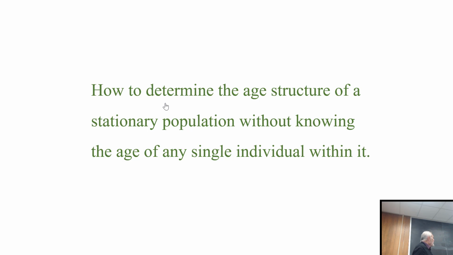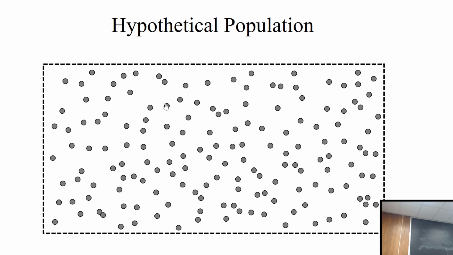So how do you determine the age structure of a stationary population without knowing the age of a single individual within it? How do you do it? Here's the deal. Pretend all these are, pick your animal here, mice, insects, or whatever, and you have a population here. And you're going to sample them, and you have no clue what their ages are.